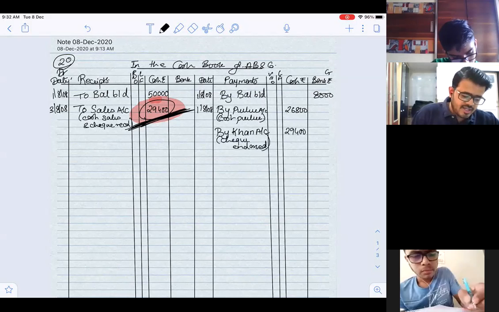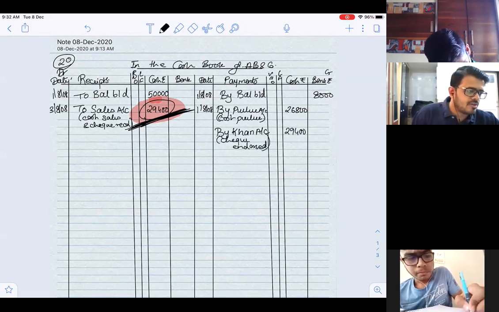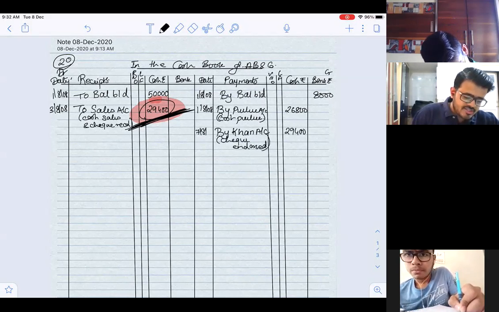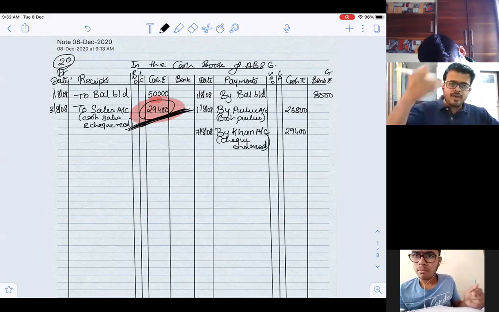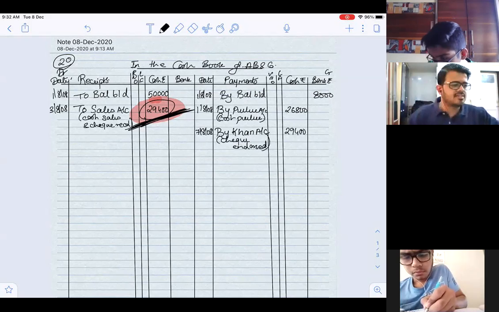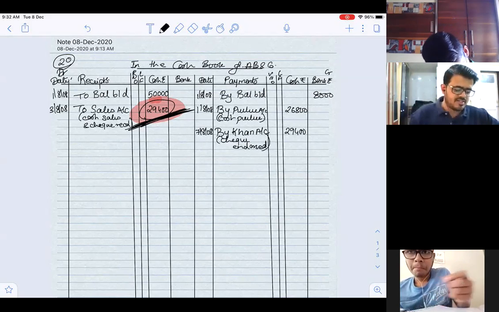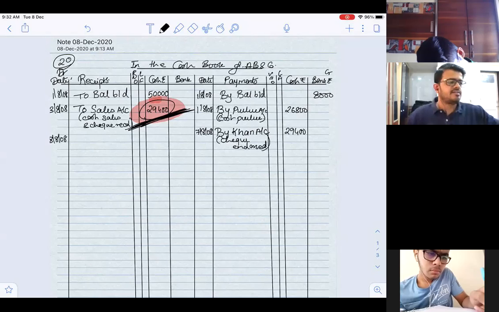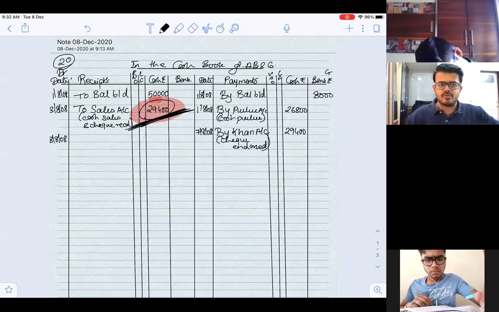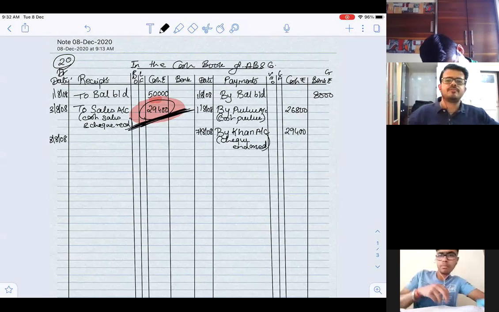But सीन क्या था? खान को तो अपने को 27,000 ही देना था, तो अभी तो ज्यादा दे दिया, तो ऊपर का 2,400 he is giving back to us. That is in the next transaction. On 8th, received cash from Khan for the balance of his account. So how much are we supposed to receive? 2,400.